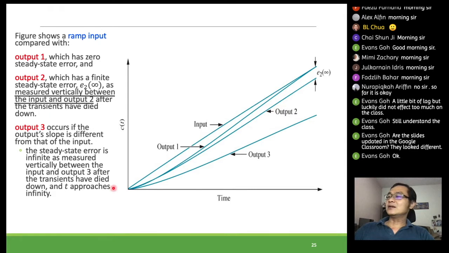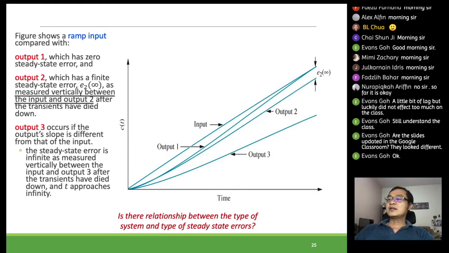And the third one, this error actually increases as time increases, so the error will become infinity over time. Output number 3 occurs when the slope differs, so the steady state error changes or continuously increases when time becomes infinity, or long enough.